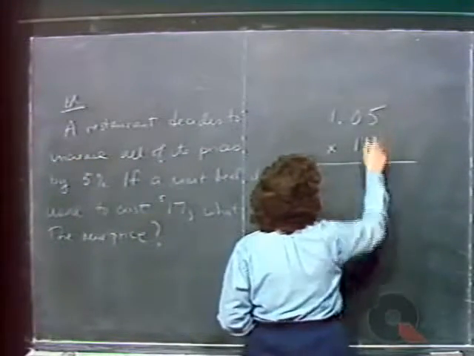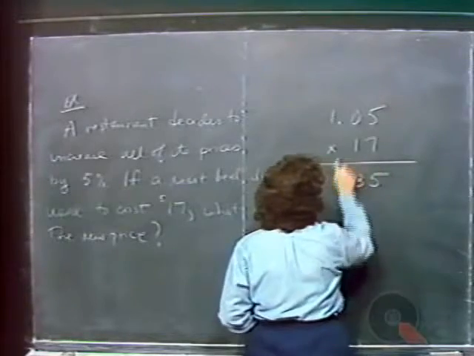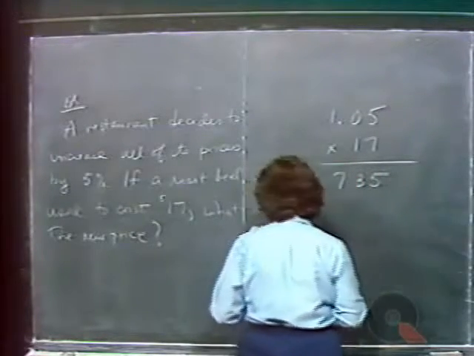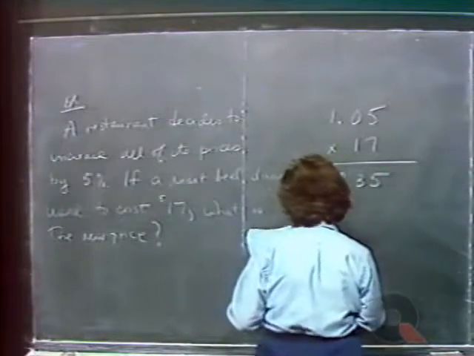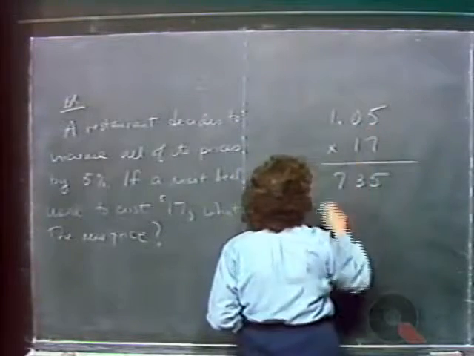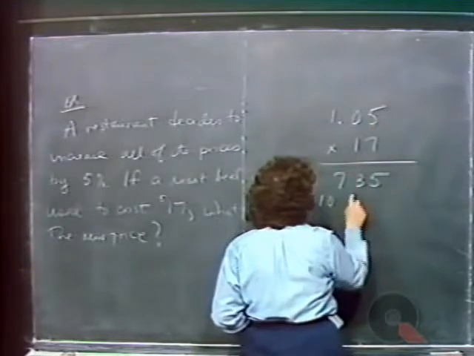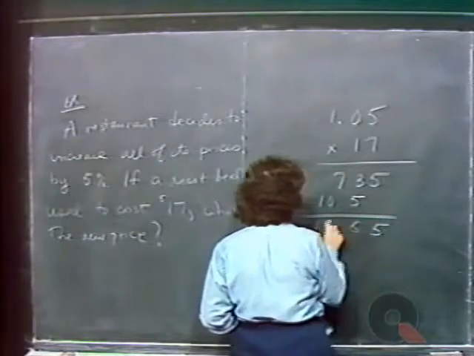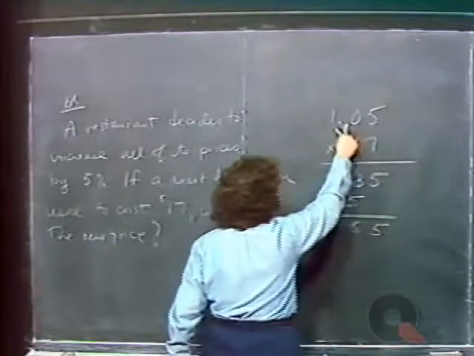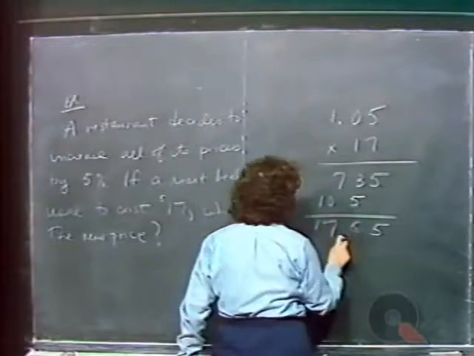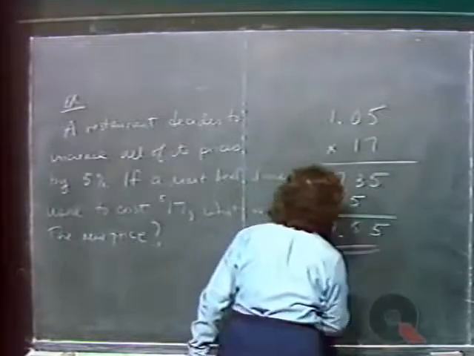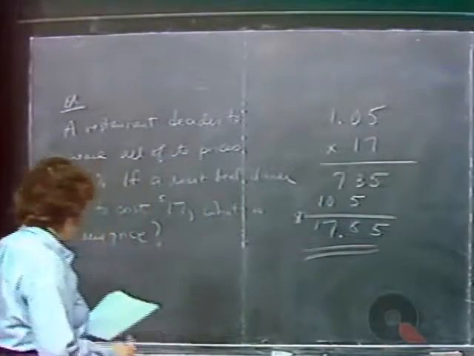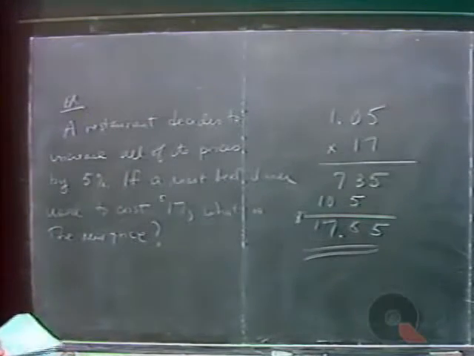Okay, 7 times 5 would be 35. Here we get 735. And here 1 times 105 gives us 105. Don't forget to indent. 5, 8, 17. 2 decimal digits here, none here, so 2 here. And the cost of the roast beef dinner will now be $17.85.